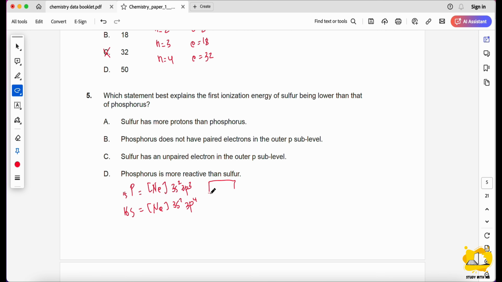So if we write it down in orbitals, the fourth electron in sulfur's 3p shares an orbital, so this one has 1 pair. Therefore, the fourth electron from sulfur will experience a repulsive force from the paired electron, which makes it easier to remove. So we need less ionization energy for sulfur compared to phosphorus. That's why the answer will be B.